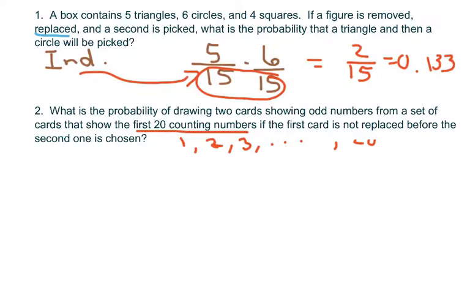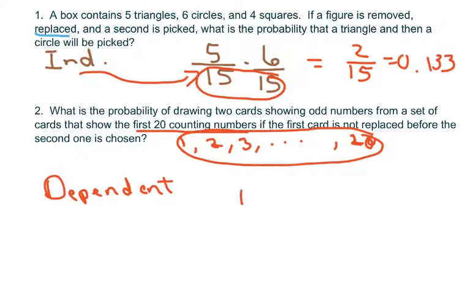Not replaced means it's dependent. That means our denominators should be different. So the probability of odd would be 10. Half these numbers are odd and half are even, so that's 10 out of 20 are odd.